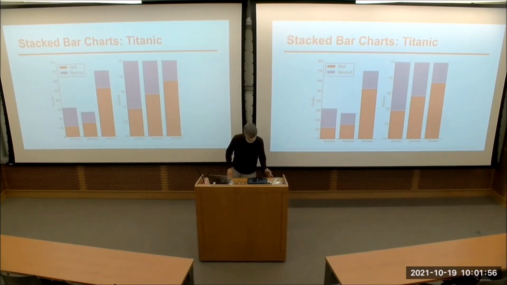This shows how many people died and survived in each of the three classes. There was the class where Kate Winslet was staying, which was first class. There was the class where Leonardo DiCaprio was staying, which was the lowest class, okay? And you could either show the absolute numbers, or you could show a normalized version.